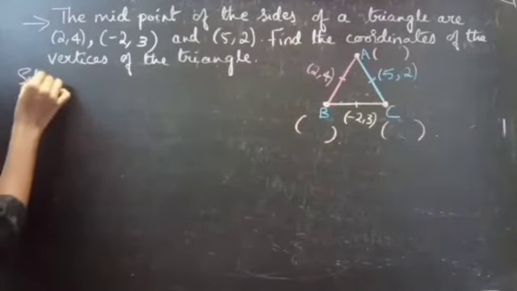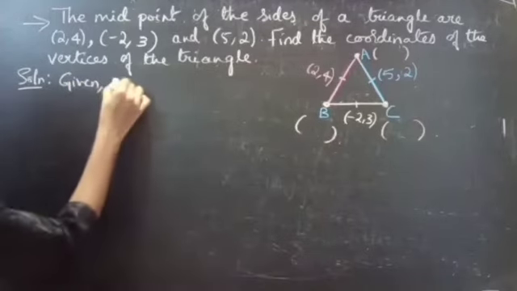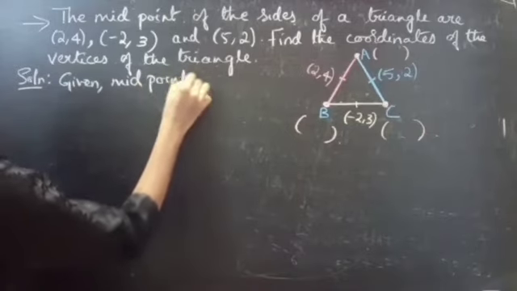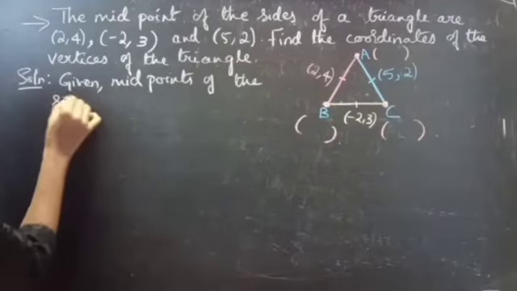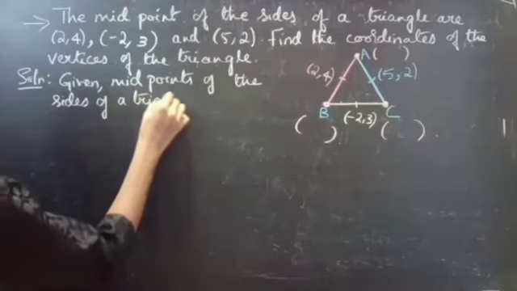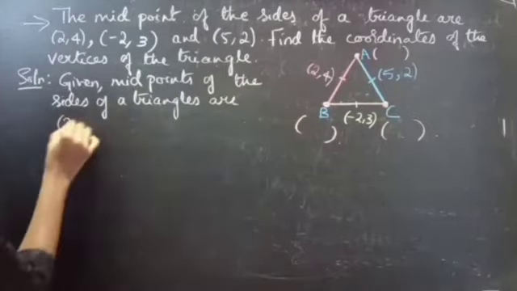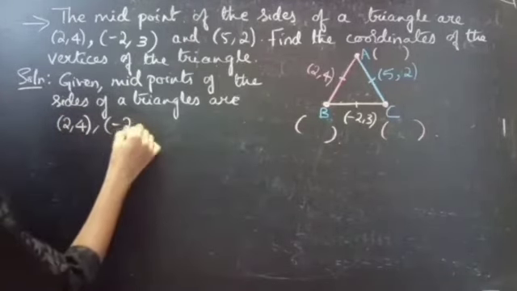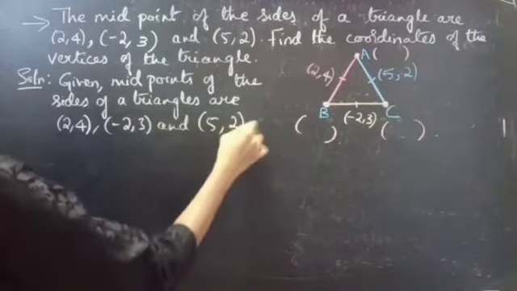Solution. Given: the midpoints of the sides of a triangle are (2, 4), (-2, 3) and (5, 2).